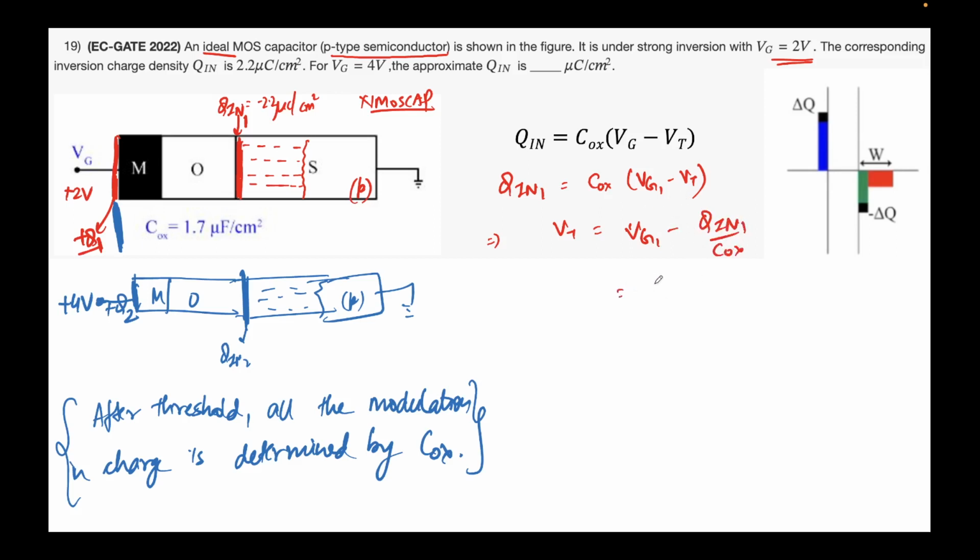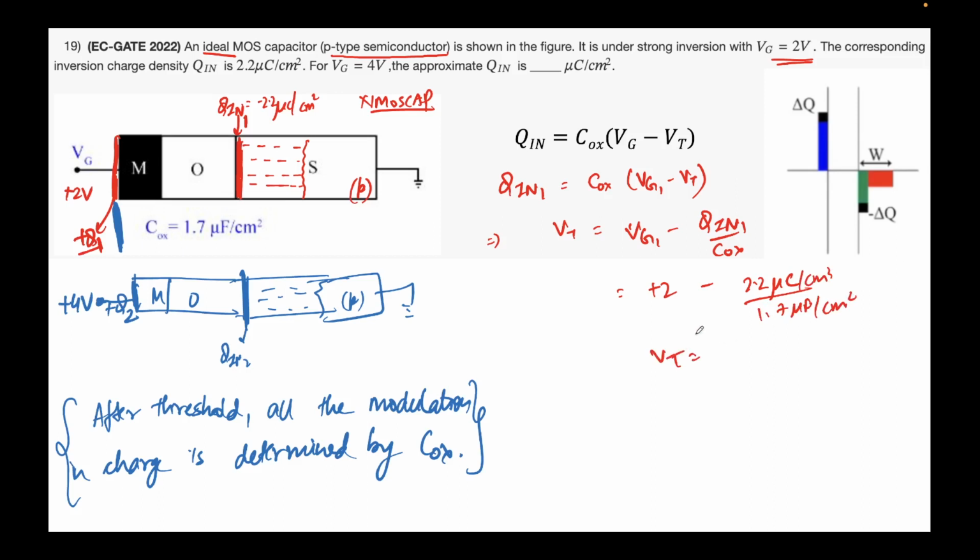Vg1 is given as plus 2 volts, the bias. Q in 1 is also given, 2.2 microcoulombs per centimeter square, and Cox is given as 1.7 microfarad per centimeter square. From this you can get Vt.